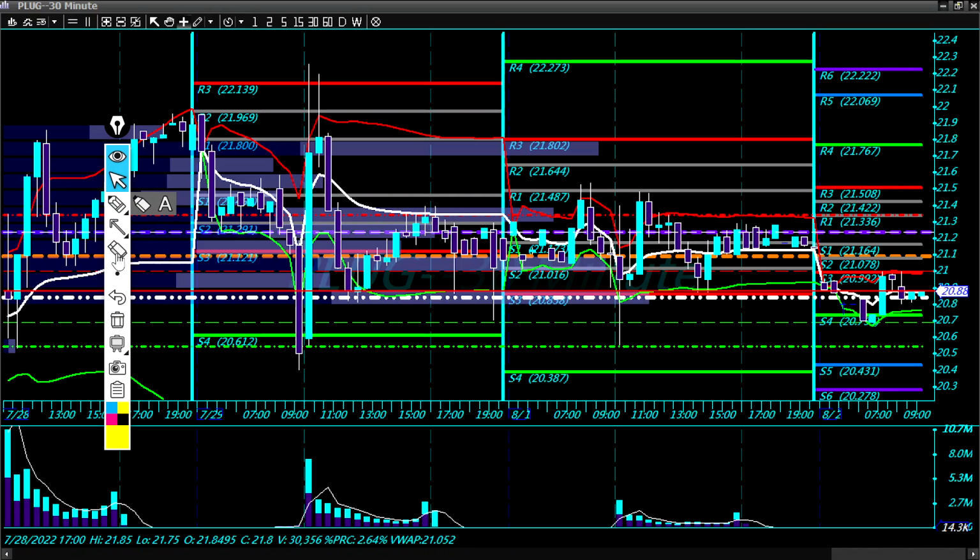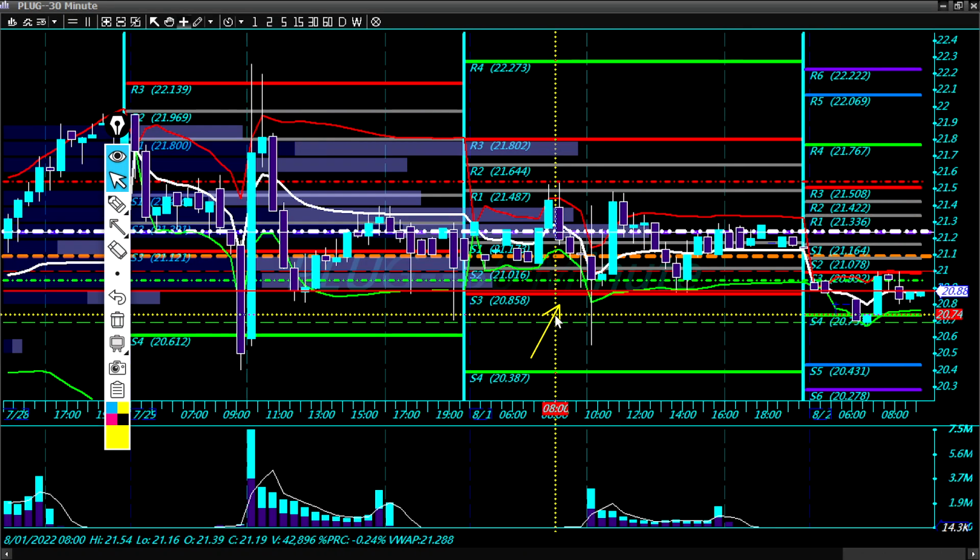Right, so you can see we have this consolidation here on plug, right? Catching support, hitting resistance as well. So we're just moving sideways, right? So now in the pre-market we actually broke down, but previous day S3 was 2080.